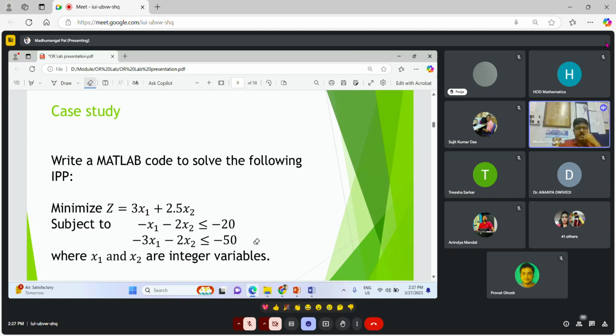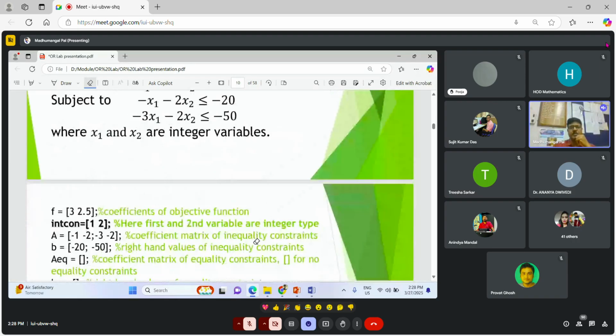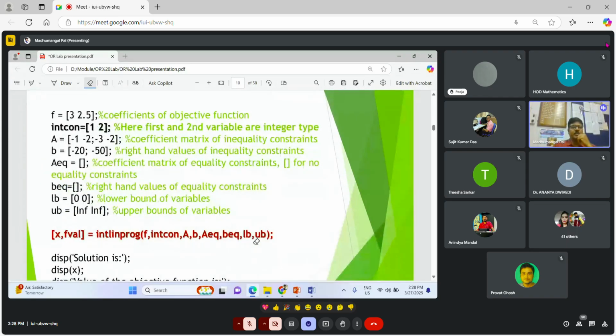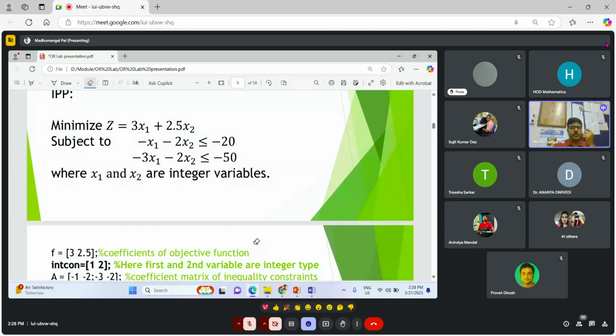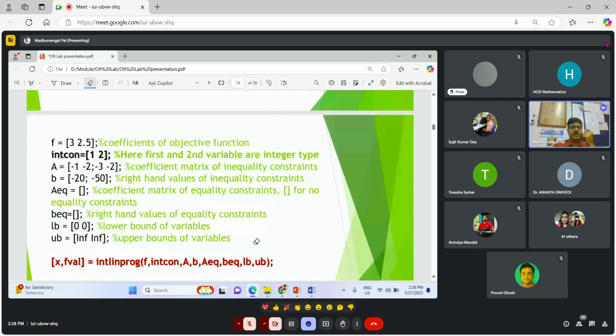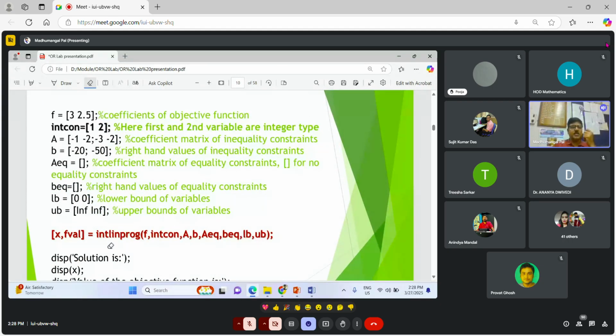So here the variables x1 and x2 are integer variables. That is already mentioned. The lower bound is 0 and the upper bound is infinity, which is not explicitly mentioned, but we assume the variables range from 0 to infinity. What is the objective function? f equals 3 and 2.5, which is written at the beginning, and there are two variables, x1 and x2.